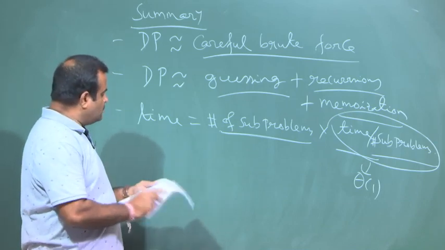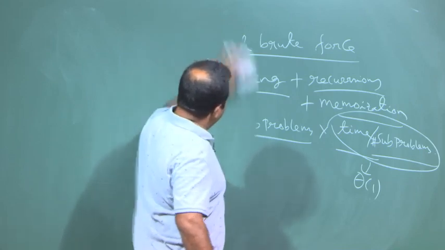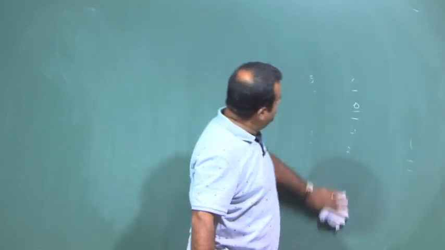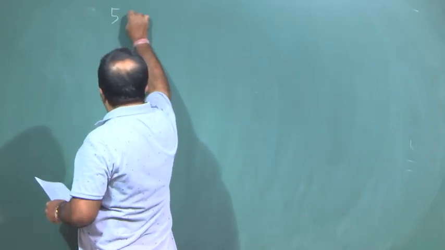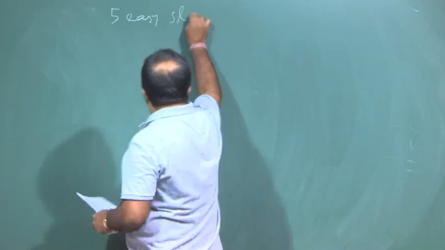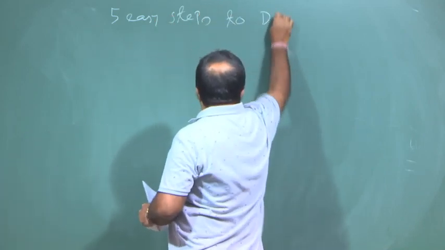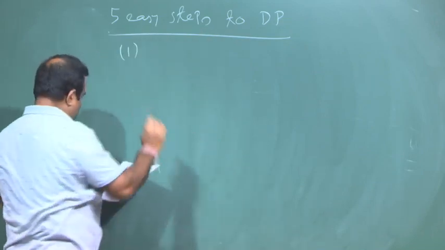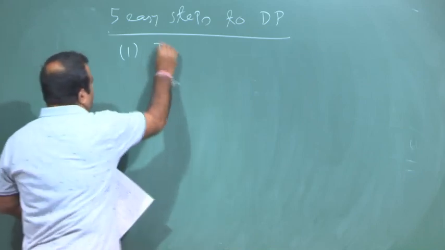Then we write the 5 easy steps for any DP method. The first step is to define the recurrence, to define the sub problems.